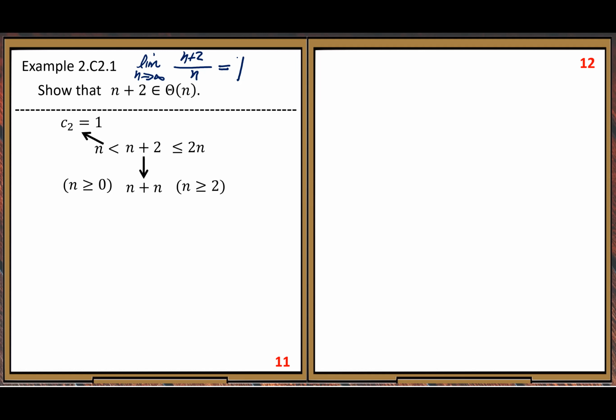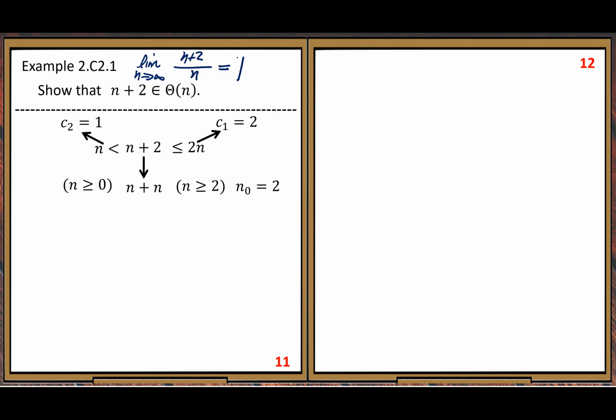So lower bound function, upper bound function: C1 equals 2. For the lower bound side, we only need n greater or equal to 0. For the upper bound, we need n greater or equal to 2. But we need both, so we select this one. n should be greater or equal to 2. Then both conditions are true. So at the end, we set our n0 equal to 2.